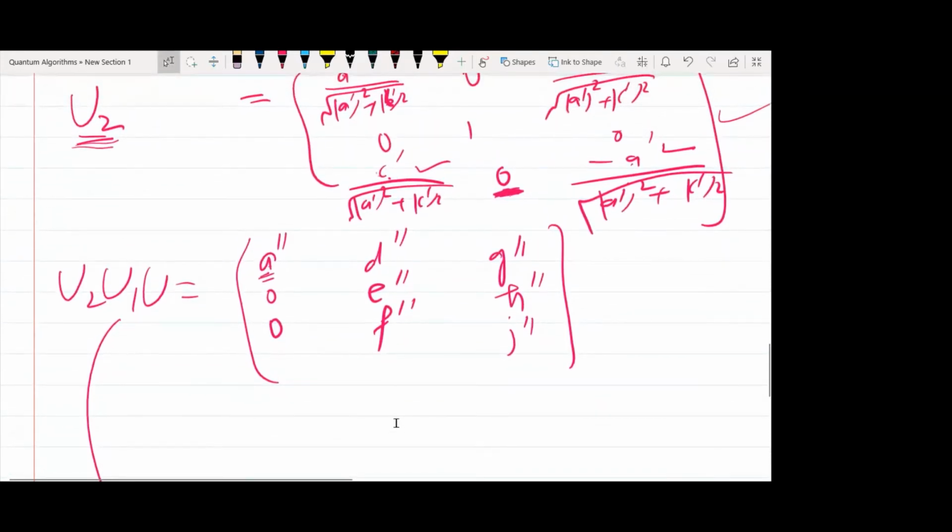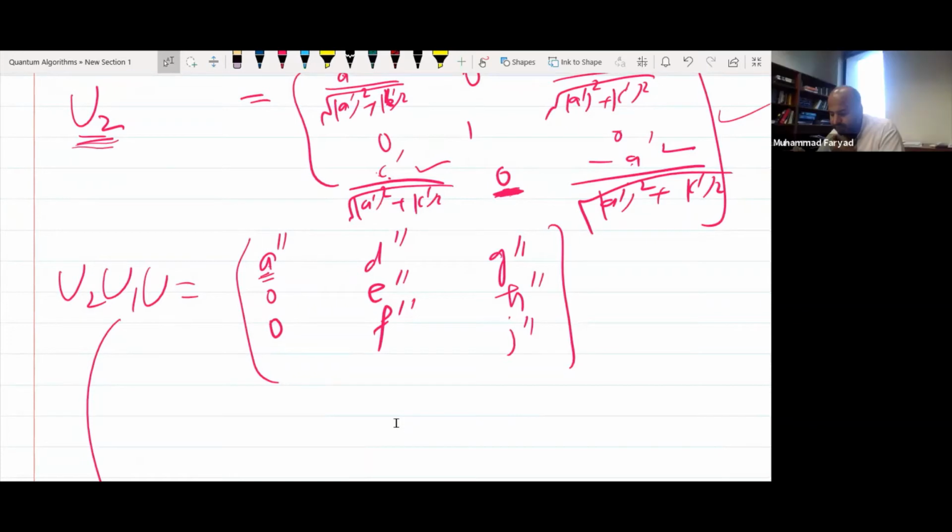Let's see. So actually, what we can do is introduce the idea of global phase, because if I take a double prime common from this thing, then I can make it 1 up to a global phase.